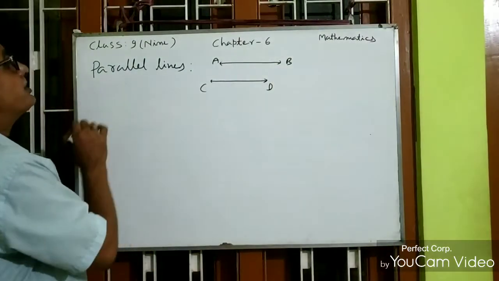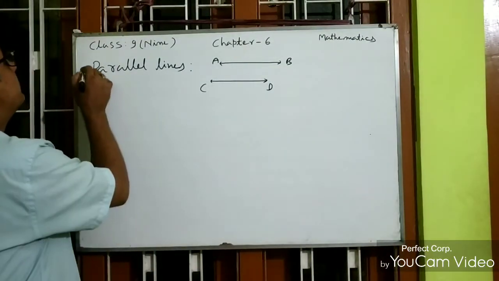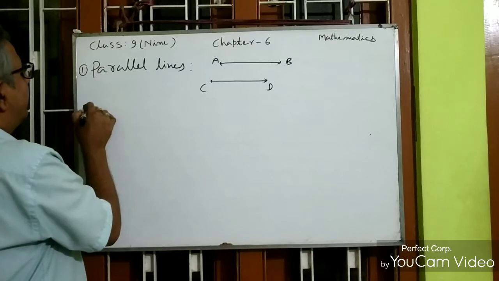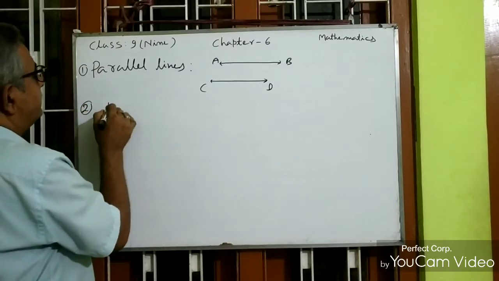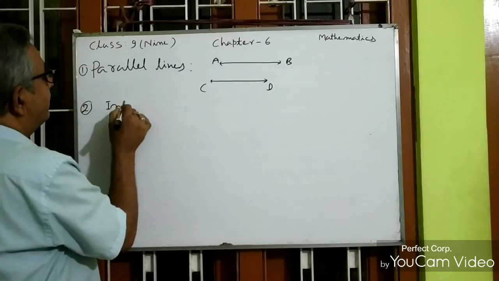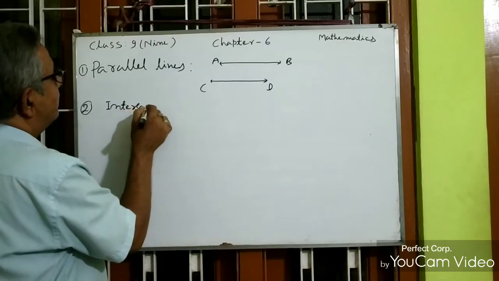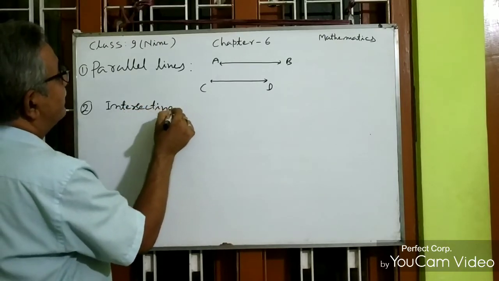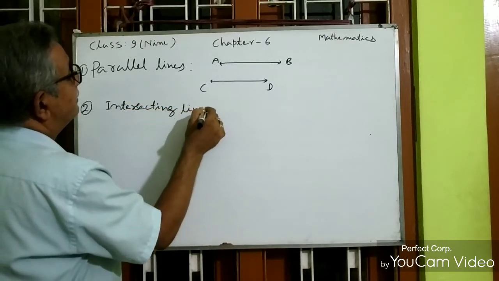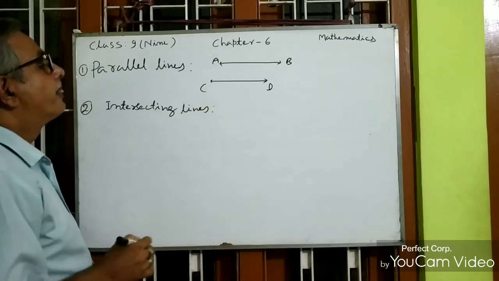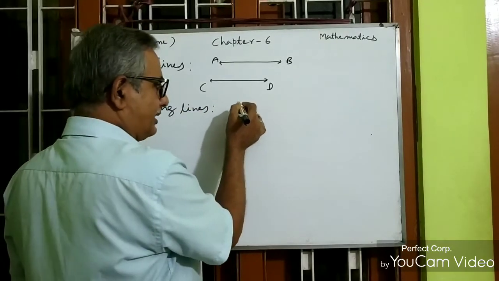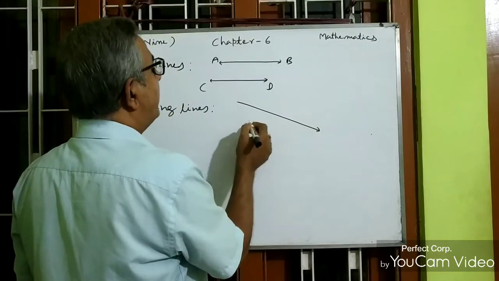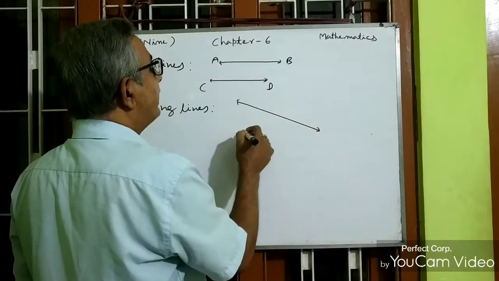After that, intersecting lines. Which lines are called intersecting lines? You see, one line is like that, another line is like that.